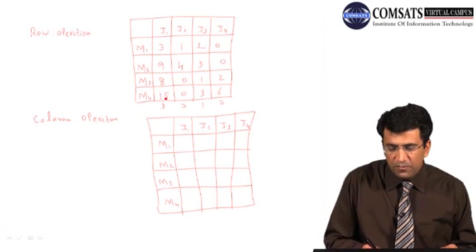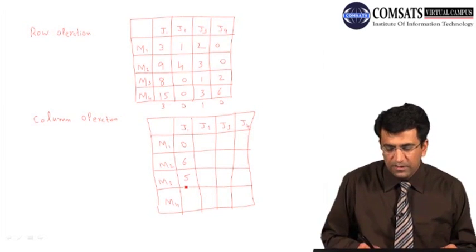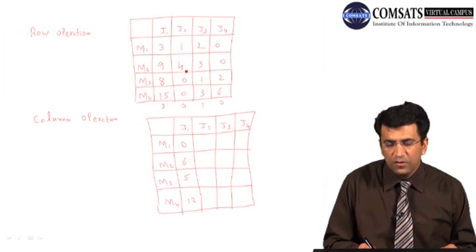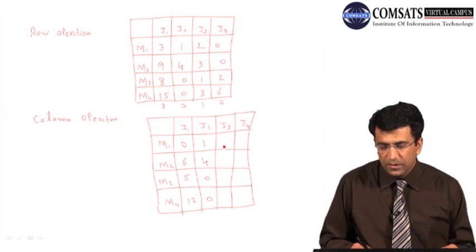So if we subtract 3 from the first column, it will become 0, 9 minus 3 is 6, 8 minus 3 is 5, and 15 minus 3 is 12. Similarly, if we subtract 0 from all the values of the second column, this column will not change, that is 1, 4, 0, 0.